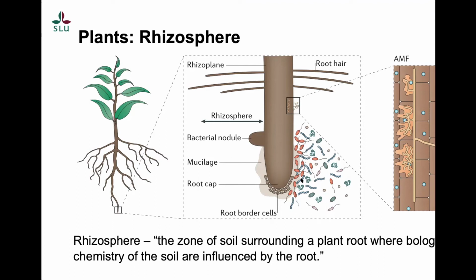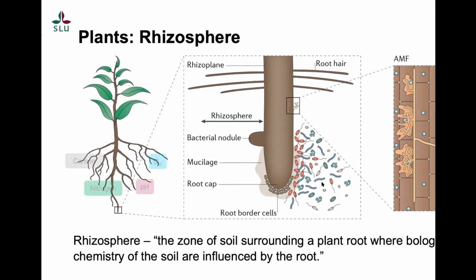You also have the mucilage that roots produce to help them glide through and make their way as they're growing through the soil matrix. You have a lot of cells that are dying off, being sloughed off and left in the soil matrix right next to the root. So all that becomes a rich source of carbon for different organisms, microorganisms.